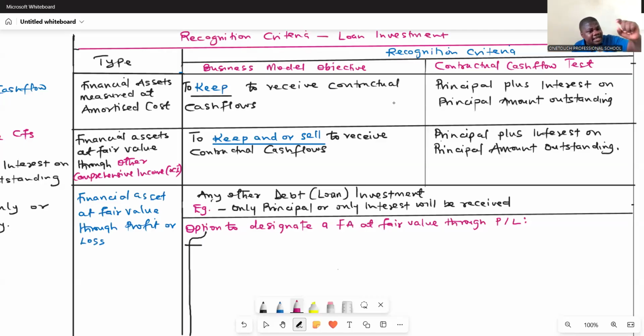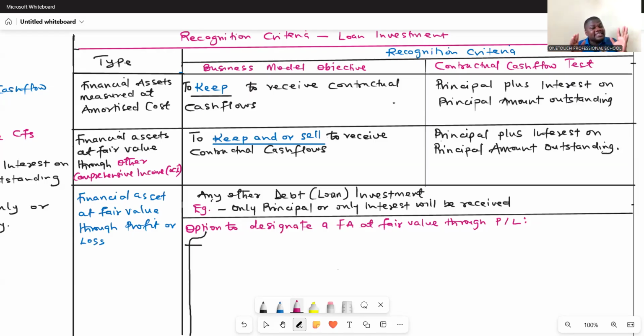But if the investment income is earned in periods where borrowing cost is not capitalized, that is, in periods where borrowing cost is taken to profit or loss or statement of financial performance, then the investment income will also be taken to the profit or loss account, or if it's public sector, statement of financial performance. If you fail to do this, you create an accounting mismatch.